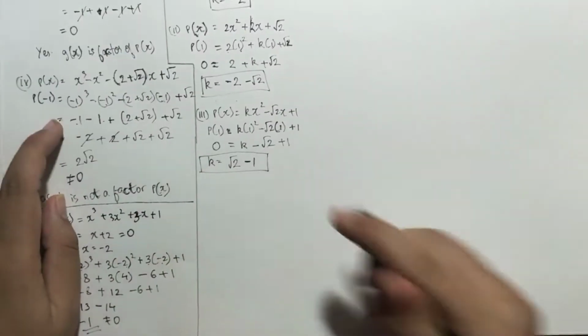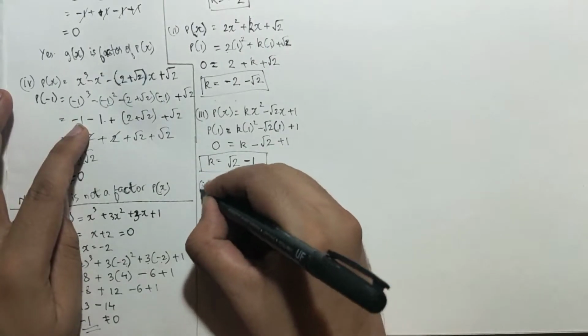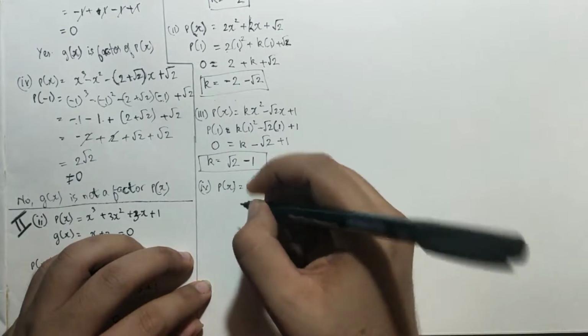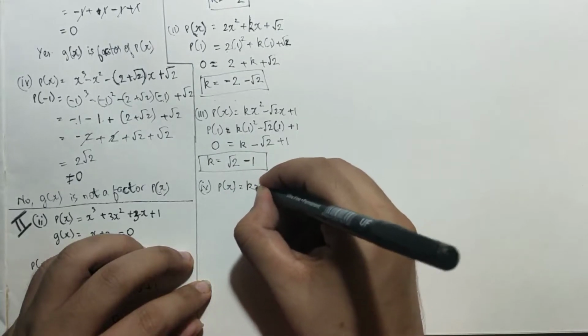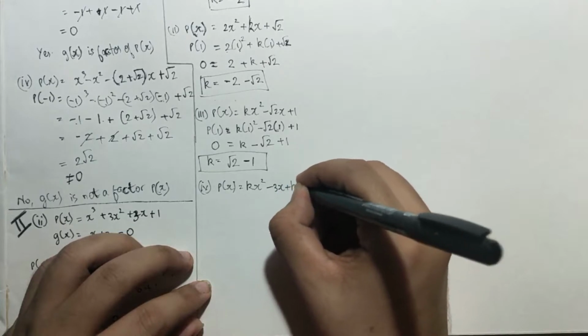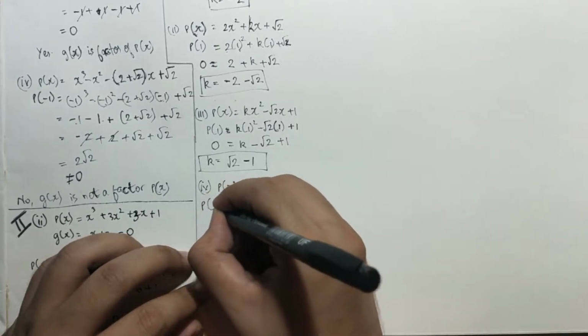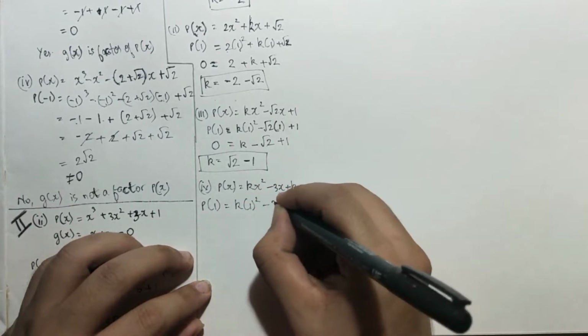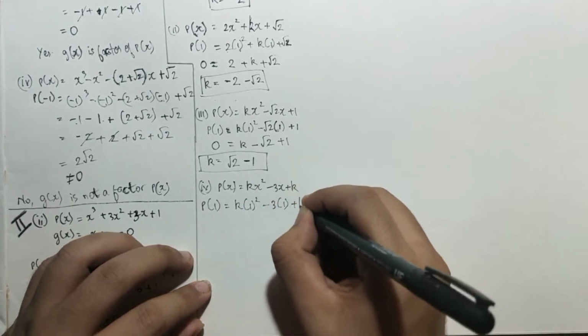Last question for the day. Fourth question. P of x given to us is kx square minus 3x plus k. Substituting the value of x as 1, so k into 1 square minus 3 into 1 plus k.